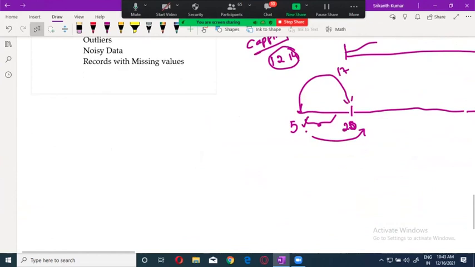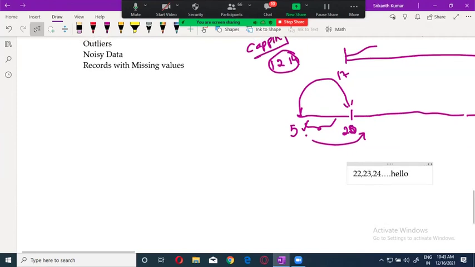If I am asking your age, it should come like 22 or 23, something like that. But here I am saying hello. I'm asking the age and you're saying hello. Does that make any sense? It doesn't make any sense, right? That is what is called noisy data, which is not at all relevant.